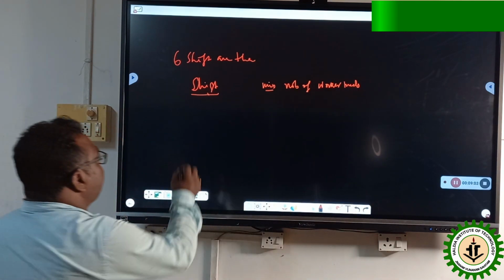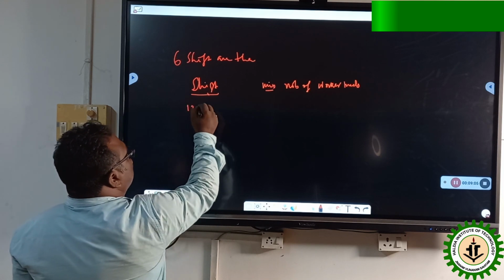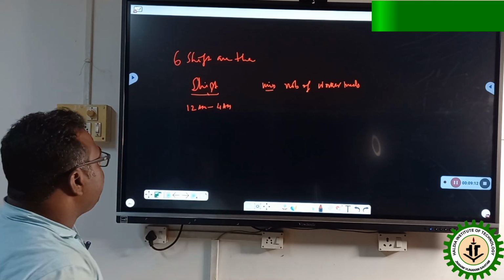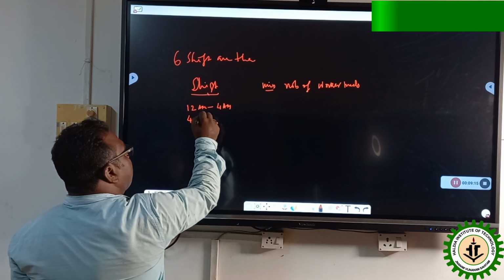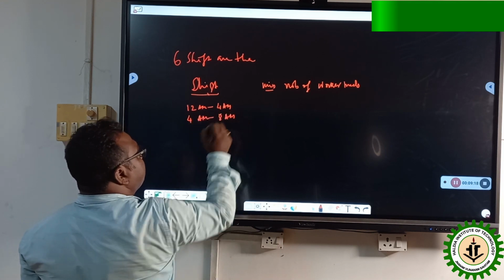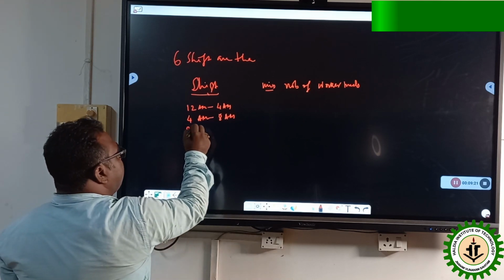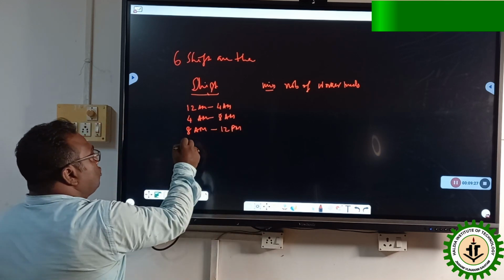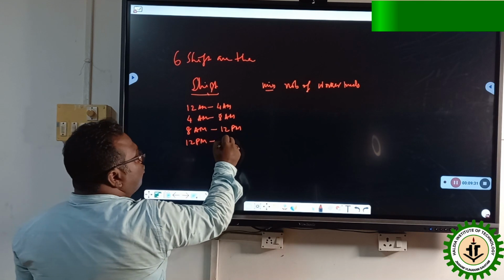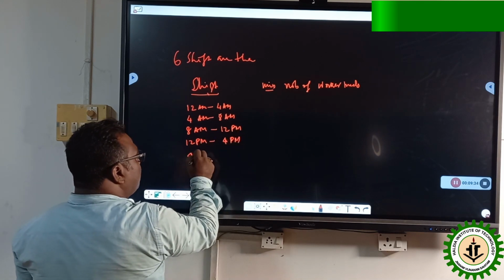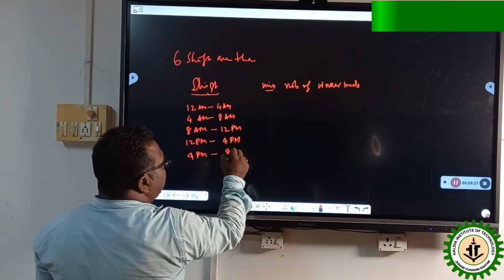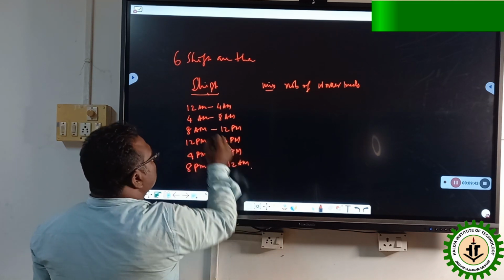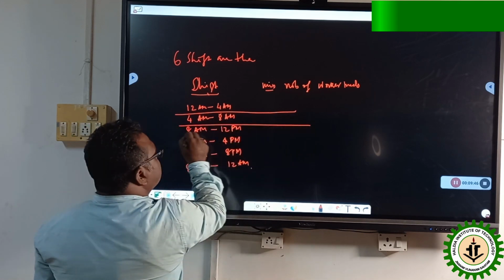So the first shift, if you consider, is 12 a.m. to 4 a.m. Next, 4 a.m. to 8 a.m. Then 8 a.m. to 12 p.m., 12 p.m. to 4 p.m., 4 p.m. to 8 p.m., and 8 p.m. to 12 a.m. So these are the different shifts.